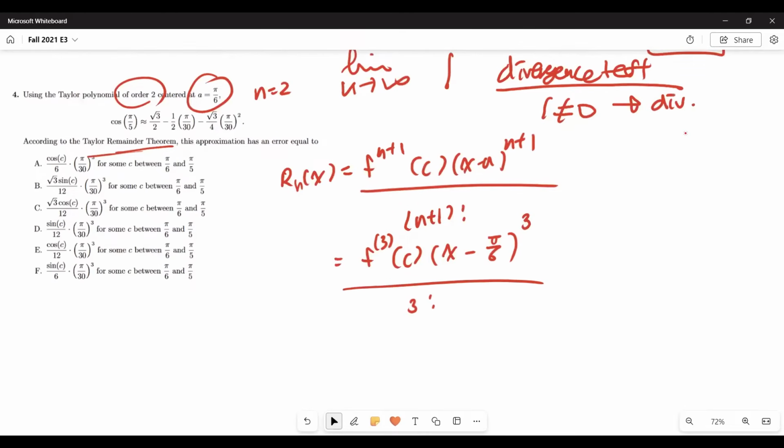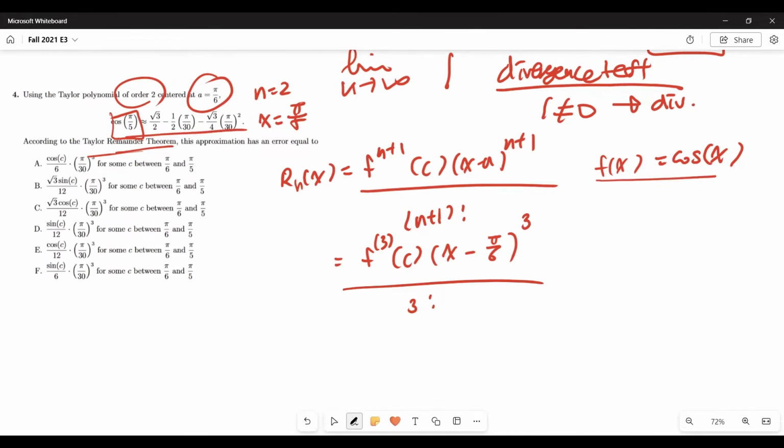So f of x is apparently cosine of x, because they didn't say what f of x is, but we know that cosine of pi over 4 is about this value, so that means our actual f of x is cosine of x, and we're evaluating at the point x equals pi over 5. That's the part that we are given here.